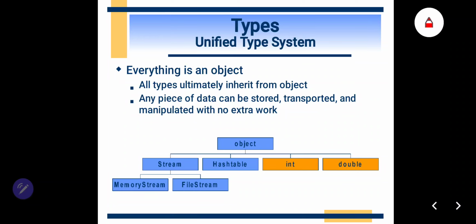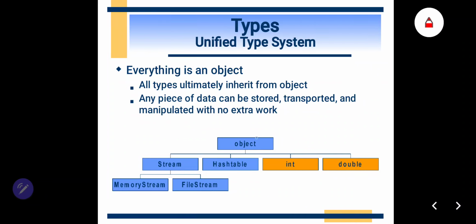Unified type system: everything is an object. All types ultimately inherit from object. Any piece of data can be stored, transported, and manipulated with no extra work.